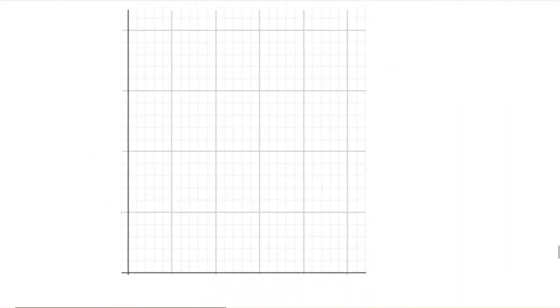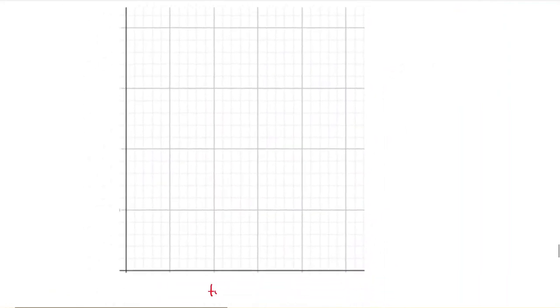This is a bit better graph paper, so we'll go there. I always start by putting my units in the axes. This is time in minutes, and I've got volume of water, and that is in liters.